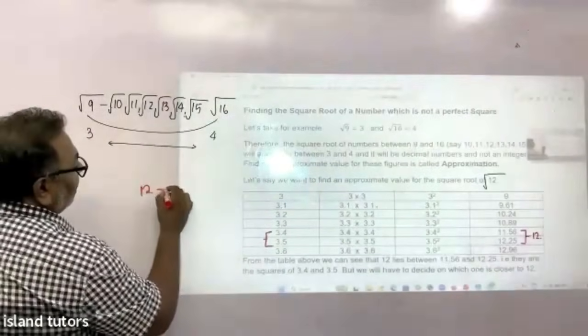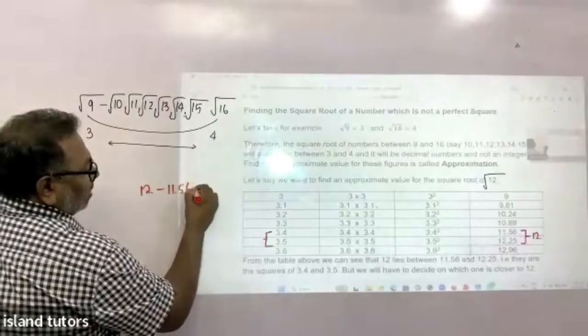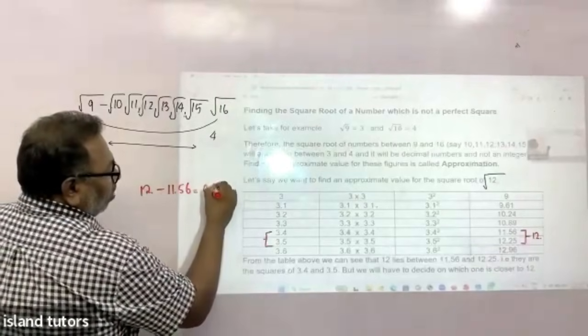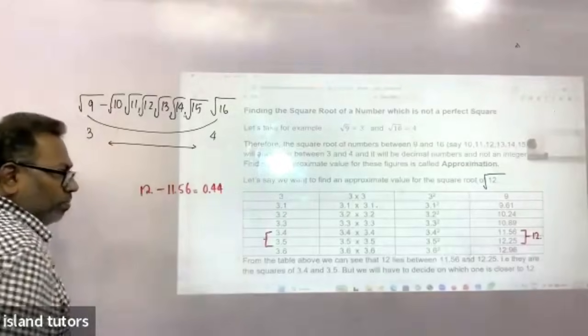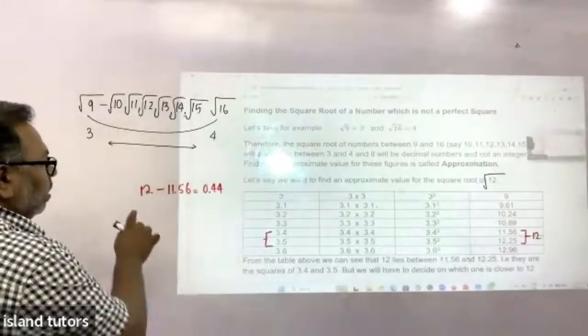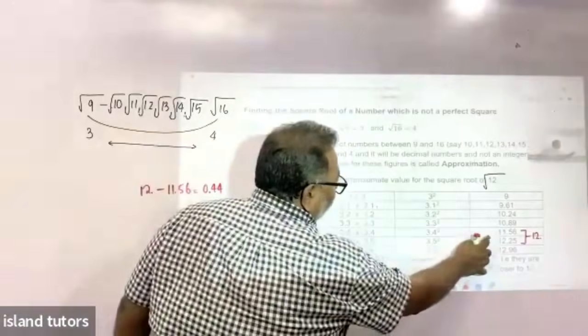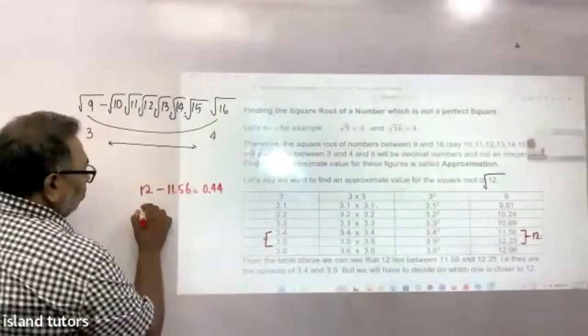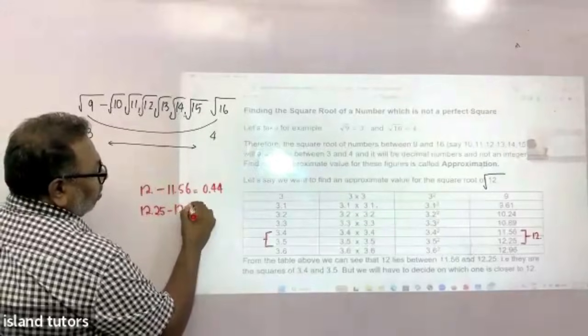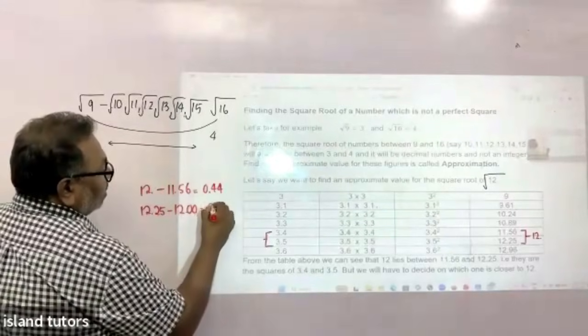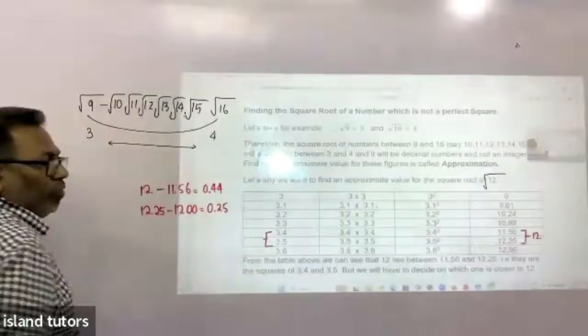12 minus 11.56, the distance is 0.44. The distance between 12.25 and 12 is 0.25.